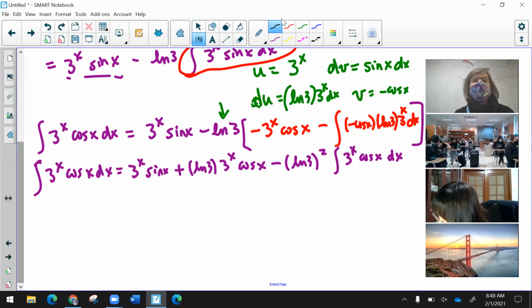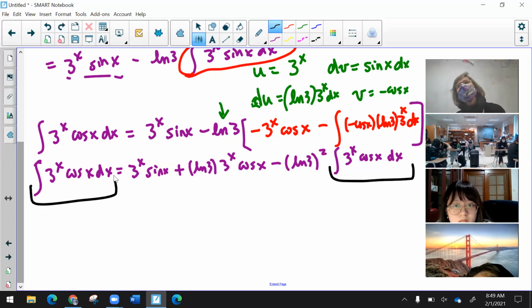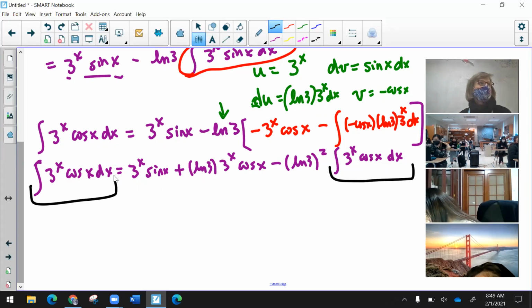So, like Kim said, this just repeats. I'm back to the same integral that I started with. But what I can do is solve for that integral as if it were a variable.